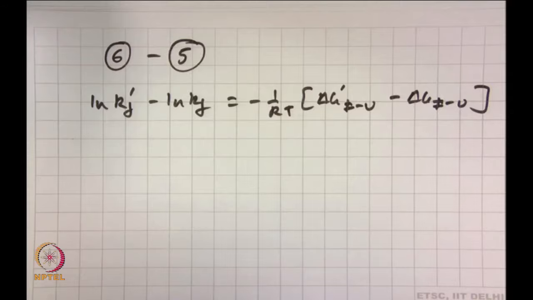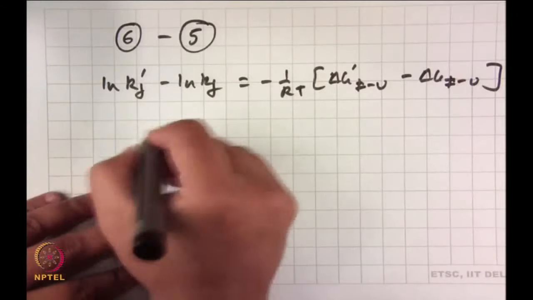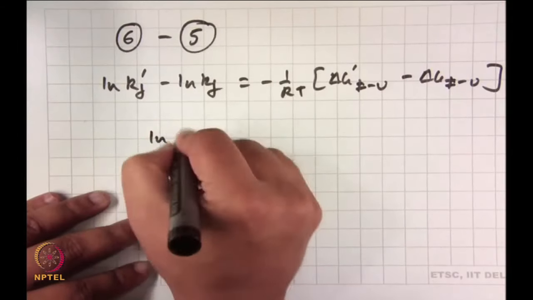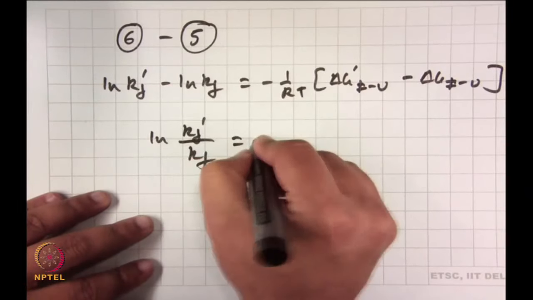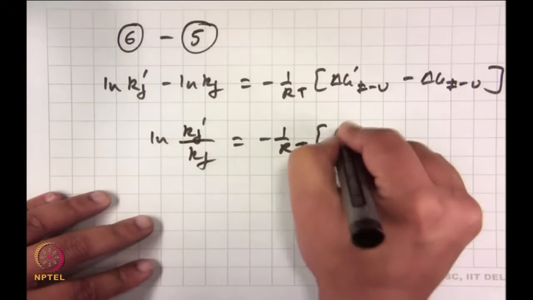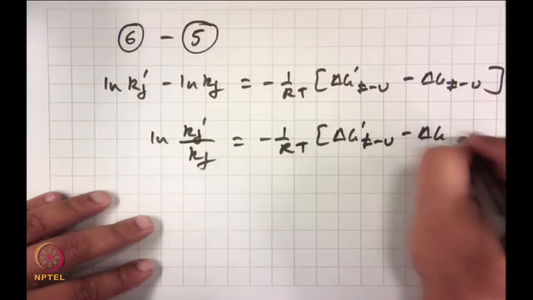Then I can rearrange it and write ln k f prime by k f is equal to minus 1 by R T delta G prime u minus delta G u.